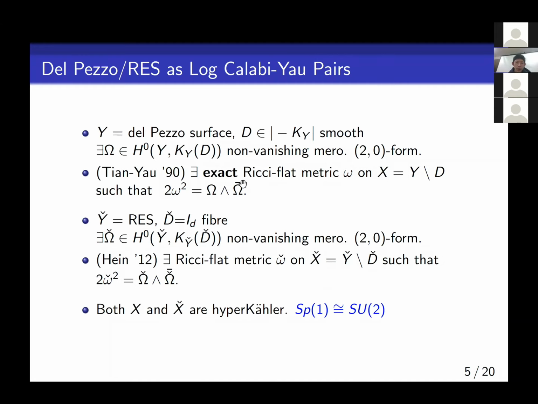With this Ricci-flat metric, one can say that both X and X check are hyperkähler, because the holonomy group is originally in SU(2), since they're Calabi-Yau with a Ricci-flat metric. And due to the fact that Sp(1) is the same as SU(2), they're also hyperkähler.